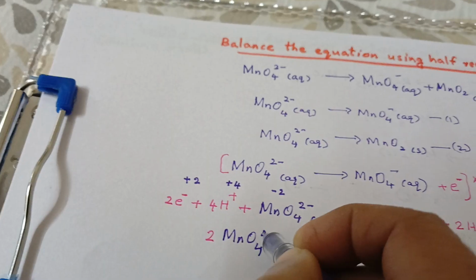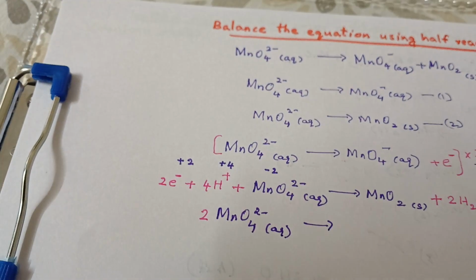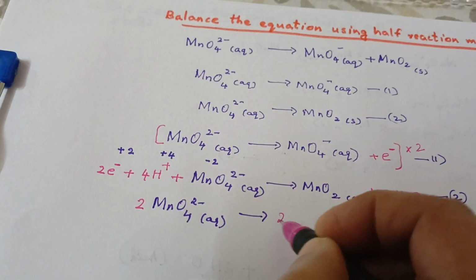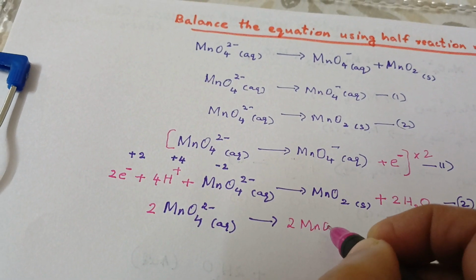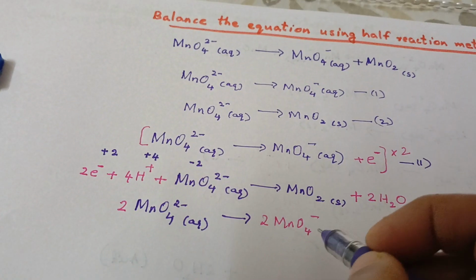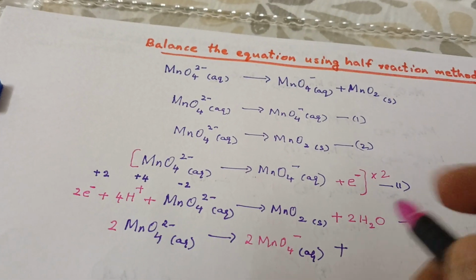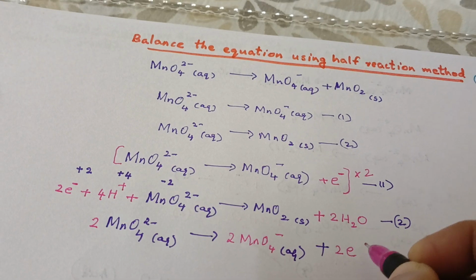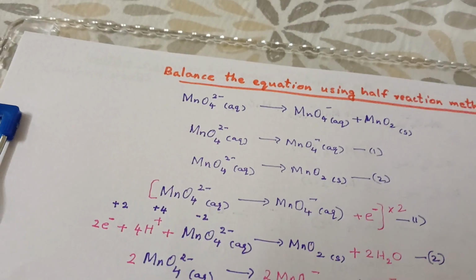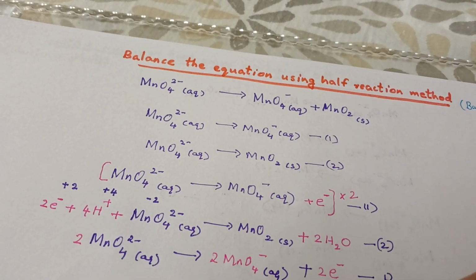So let us write it: 2 MnO4 2- aqueous giving 2 MnO4- aqueous plus 2 electrons. So that is our first equation now.